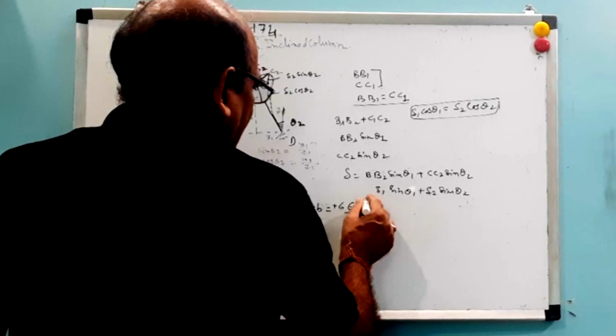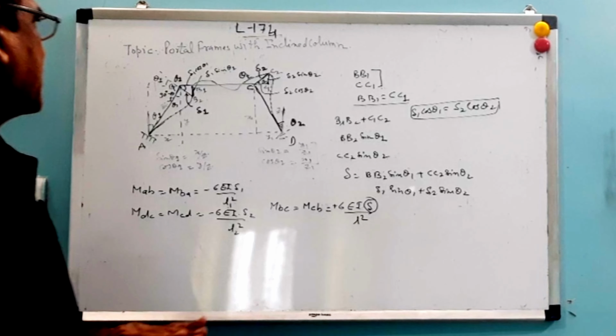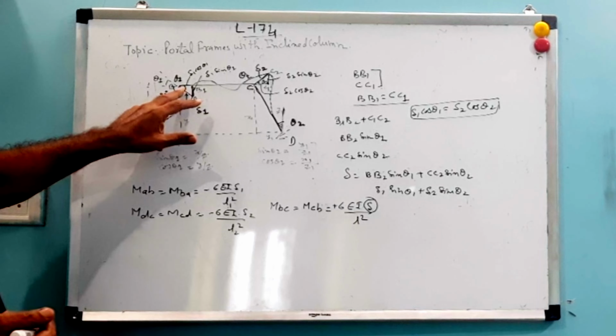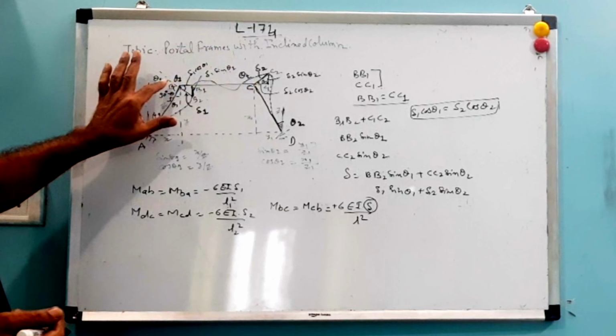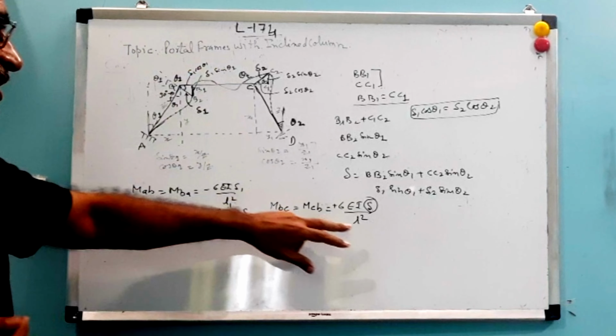Here we are using delta in this configuration, that is the vertical deflection. If B and C are considered, then the whole deflection is created over here.